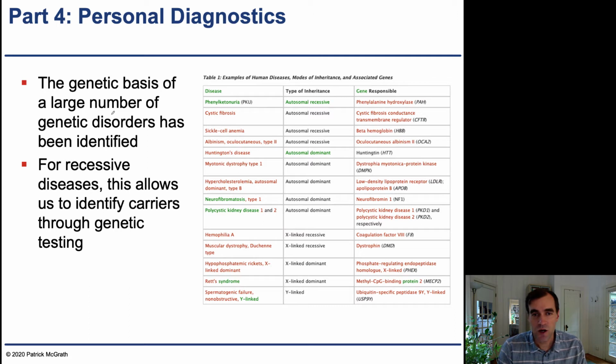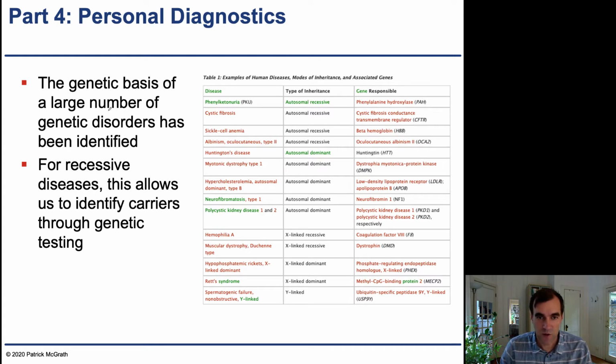And so, you right now have no idea if you're a carrier for most diseases, and you might get married and reach the point where you're ready to have kids, and that individual also will be a carrier for some unknown number of diseases.